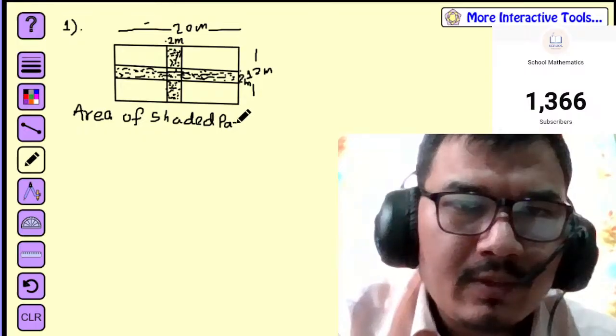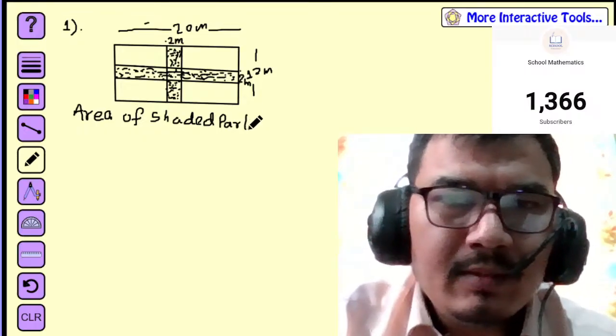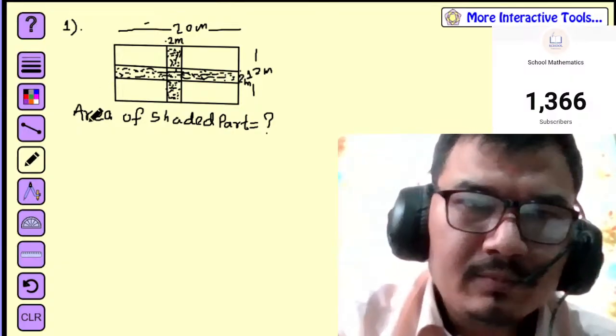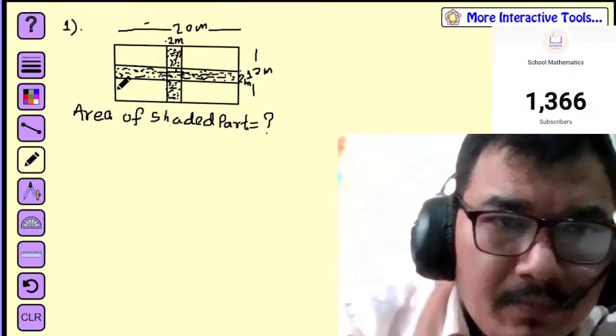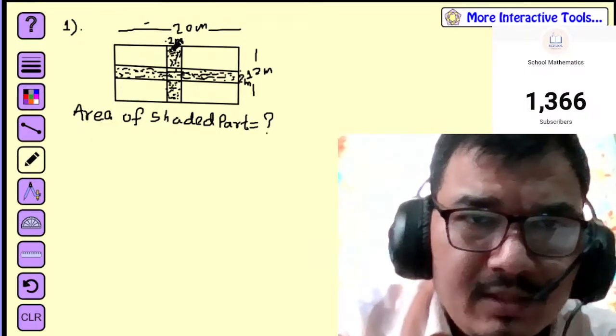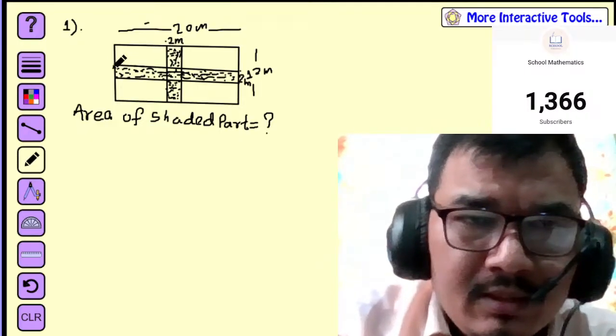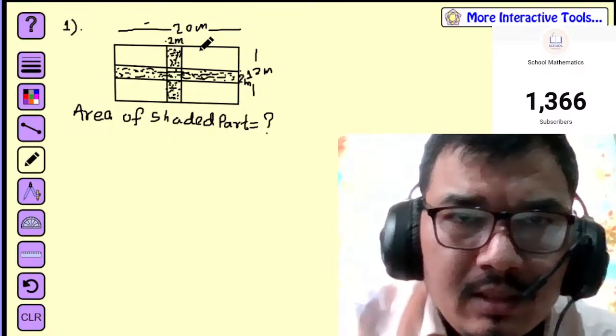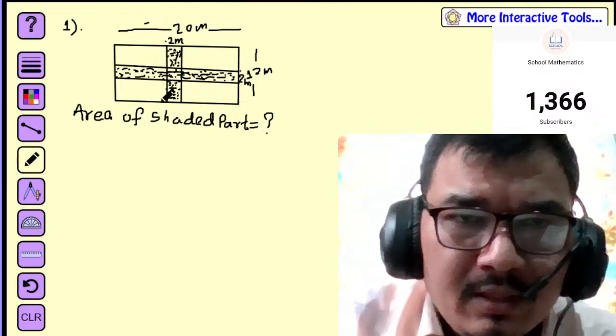This is the main question here. Area of shaded part equals what? And look here, there are two paths, and this is towards the length, and this is towards the breadth.